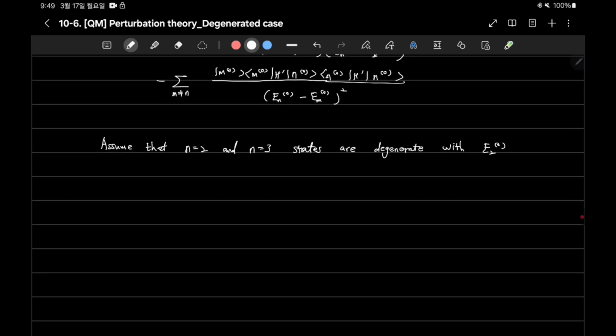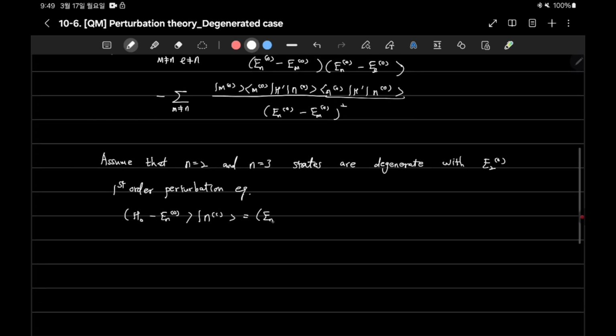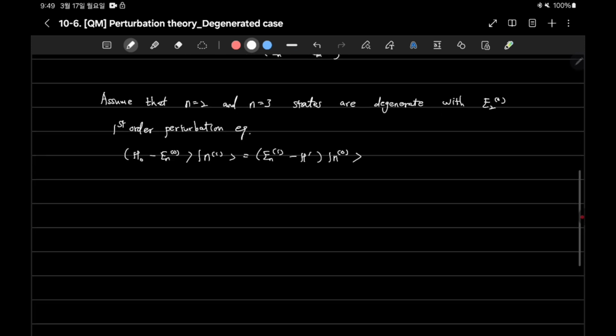Then in this case, the first order perturbation equation is H0 minus En0, times the first order state, equals En1 minus H prime, times n0. It is a first order perturbation equation.